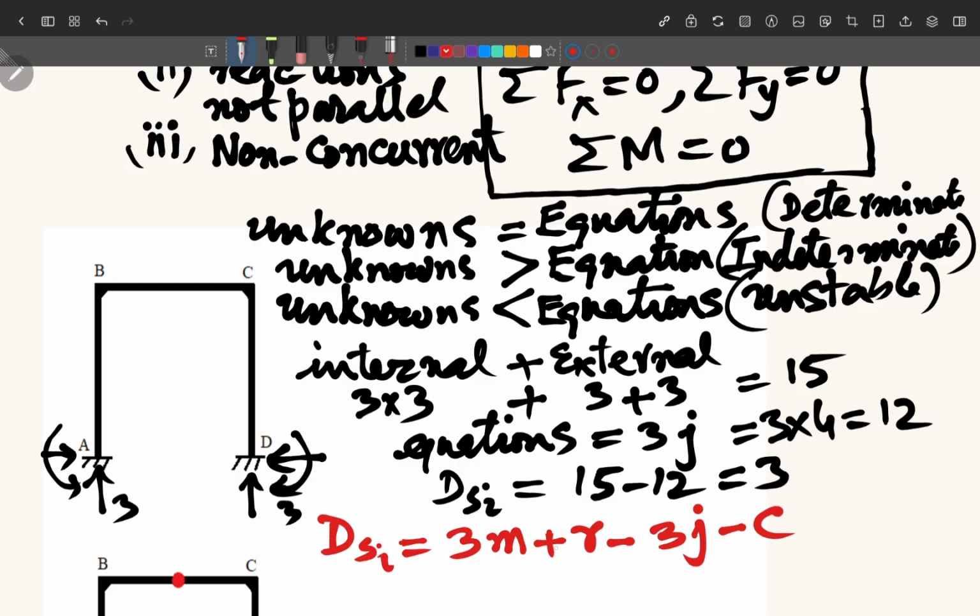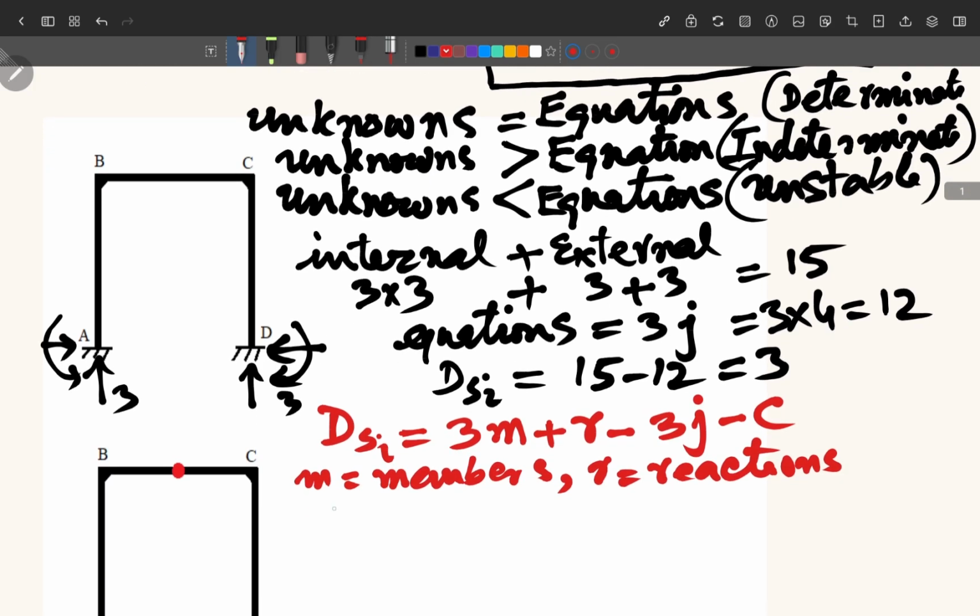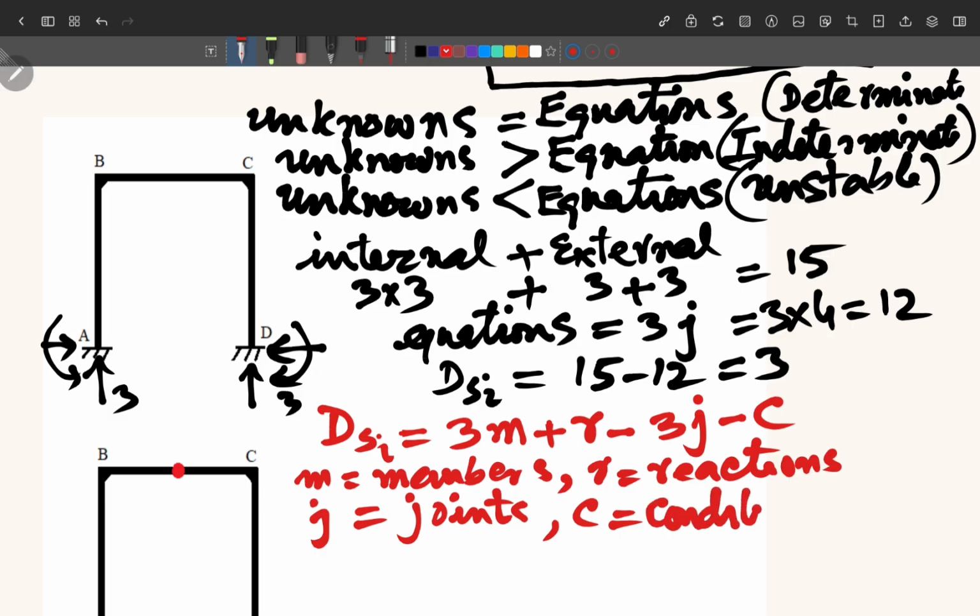M stands for members, R equal to reactions, J equal to joints, and C equal to the number of condition equations due to internal hinge. Condition equations.